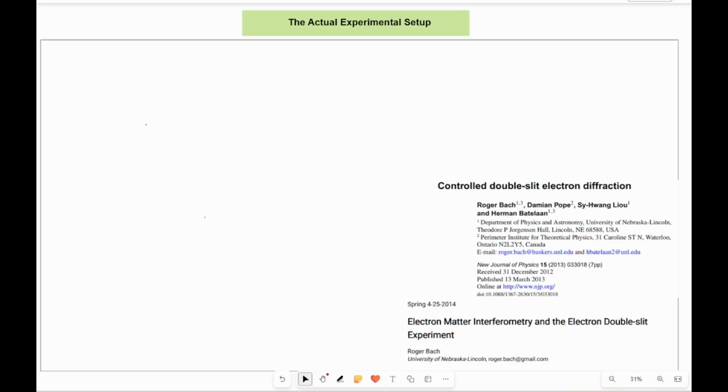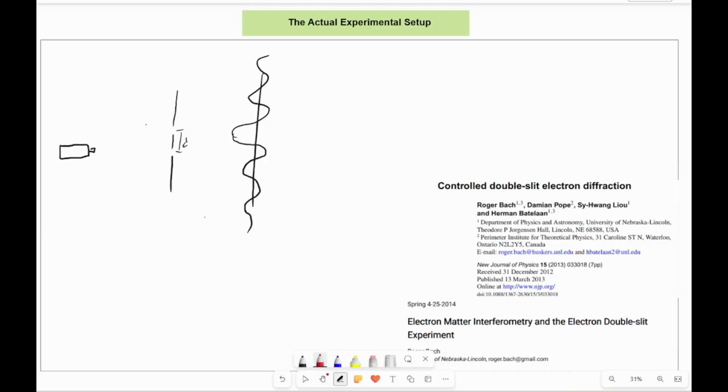But basically, when we look at the double slit experiment, everybody in the world is going to draw it like this, where we have the two slits with some separation d, and then the particles are shooting this way.